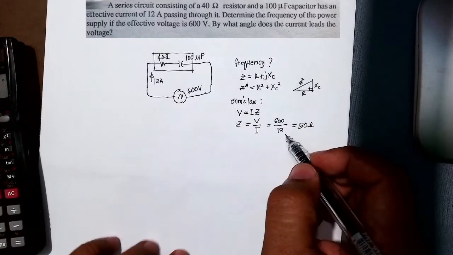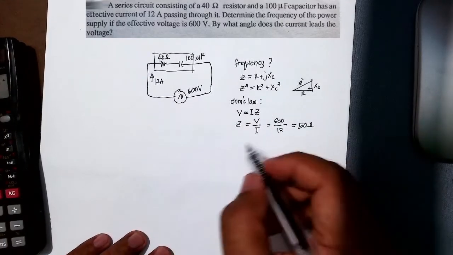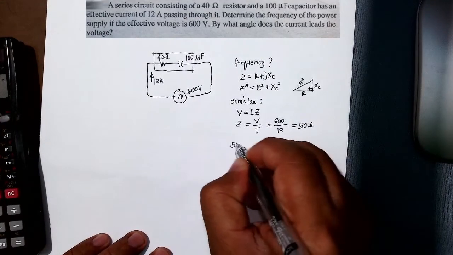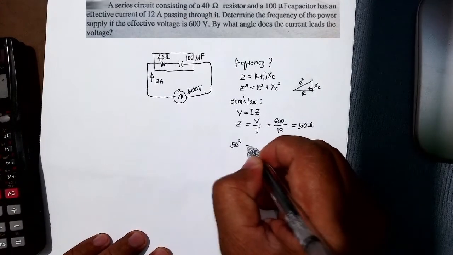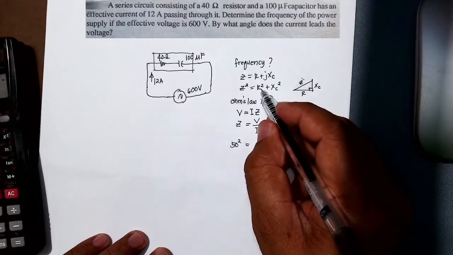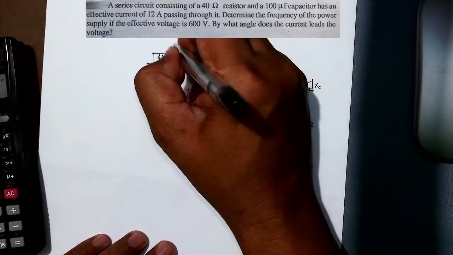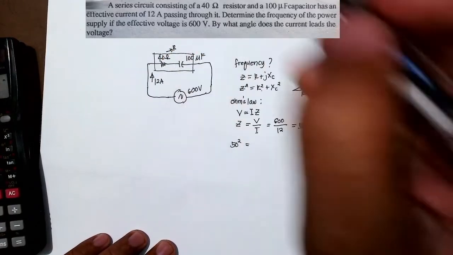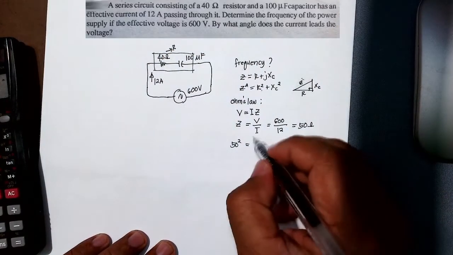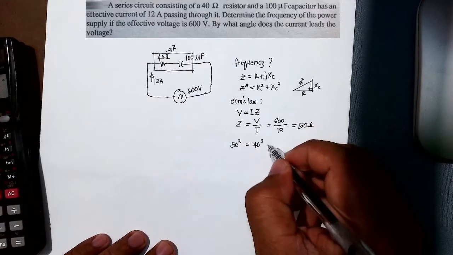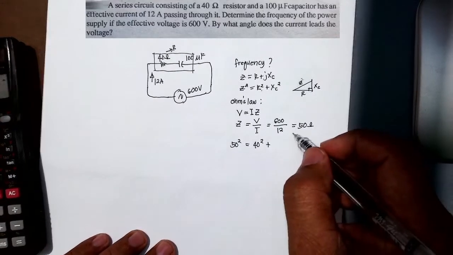So we just substitute. We simply write 50 ohms squared is equal to R squared, where R is 40 ohms, squared plus X sub C squared.